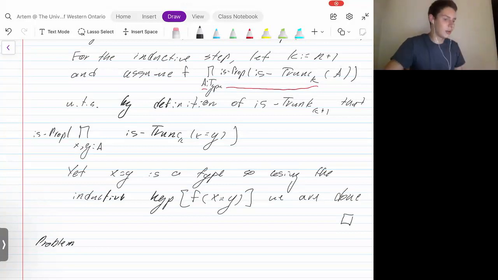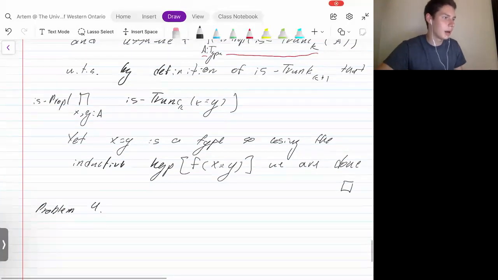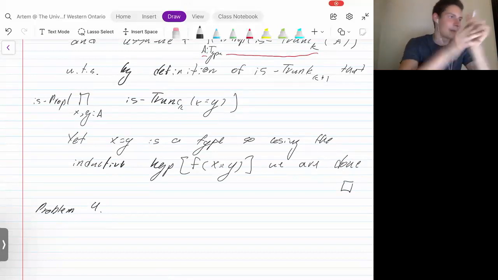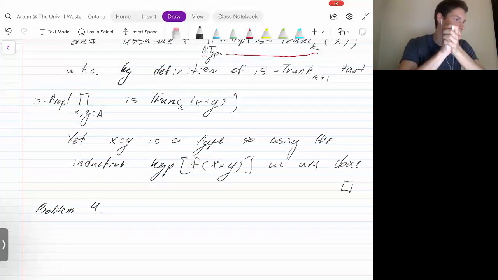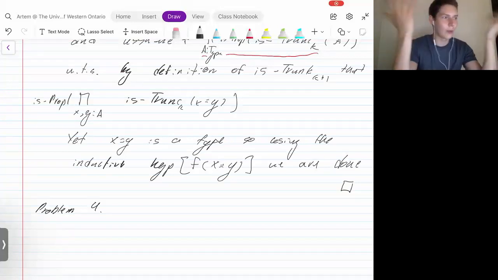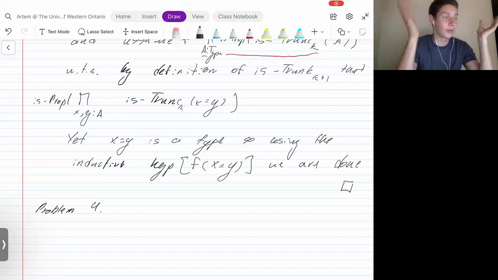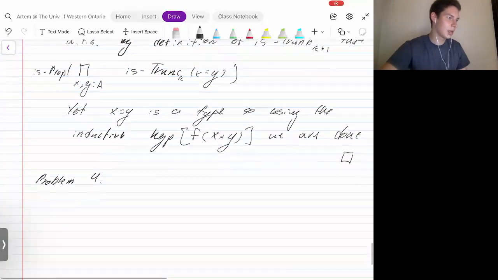Okay, so problem 4, sorry for that. So there's a very good discussion about why we want to have a type is equivalent to be a proposition. And generally, we have now a new notion of what it means to be equivalent.